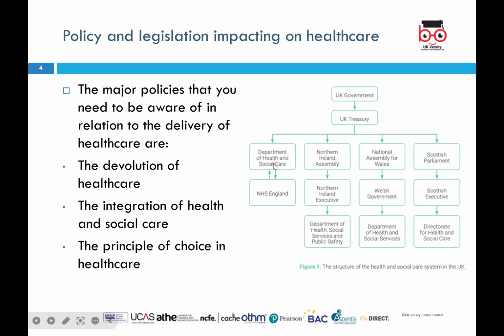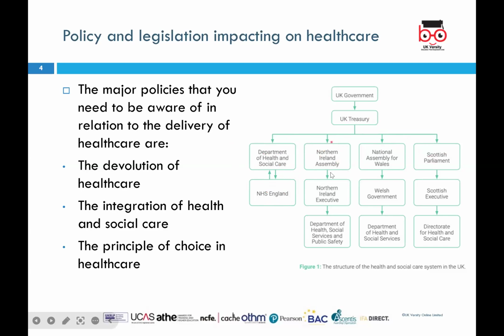There's the Department of Health and Social Care, under which you have NHS England. So this is for England. The Department of Health and Social Care works for NHS England, and the NHS works for the Department of Health and Social Care. All of these areas are supported by the UK Treasury.